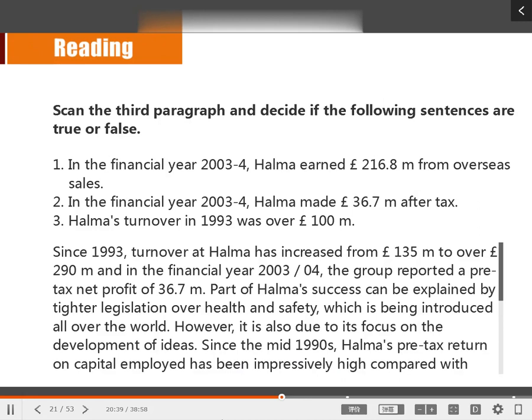Now here, let's scan the third paragraph and decide if the following sentences are true or false. Ready? Here we go.